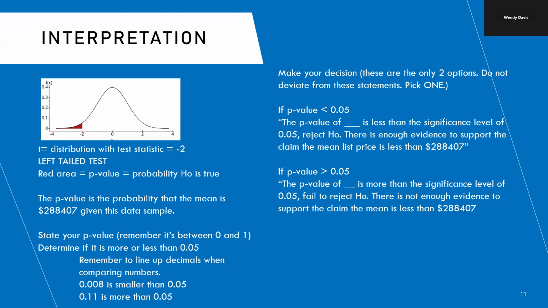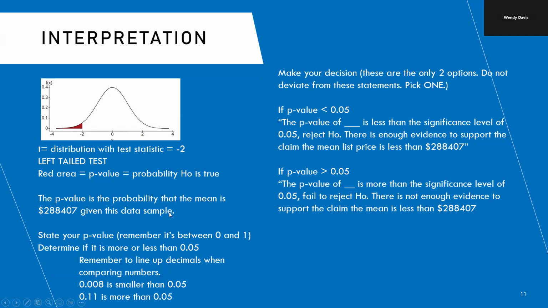Now, this is not our actual one. Our actual one is too small to really see on a graph. So this is just an example of a different one. The red area represents the p-value, which is the probability that H0 is true, which means it's the probability the mean is that value given this data.